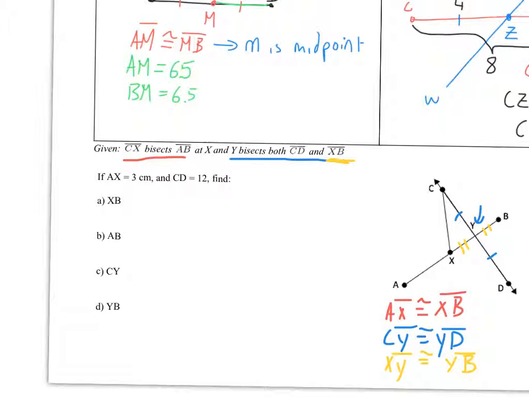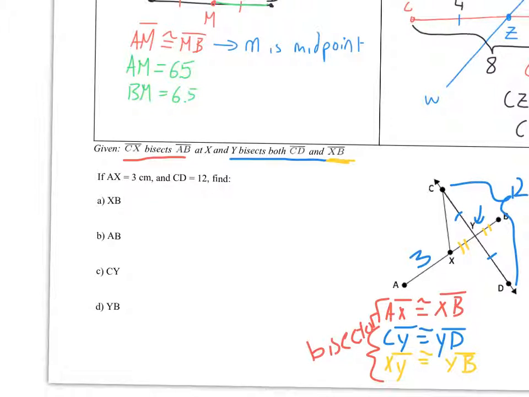And just to show where these are coming from, actually all 3 of these, we're talking about knowing that we have bisectors. And that's the why we have these things. So now we've got AX is equal to 3. We've got CD, this whole thing, is equal to 12.